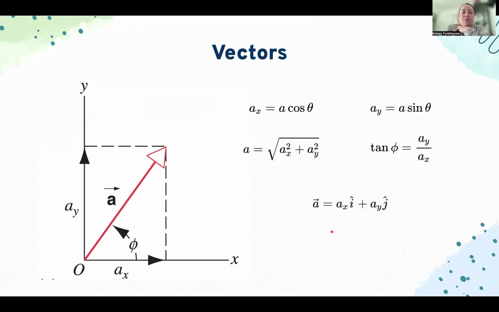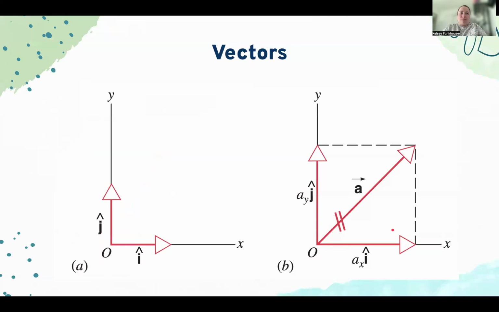We can also represent this as a vector. And so it is the x component times i hat and the y component times j hat. Let's take a look at i hat and j hat really quick. They are just unit vectors, meaning 1.